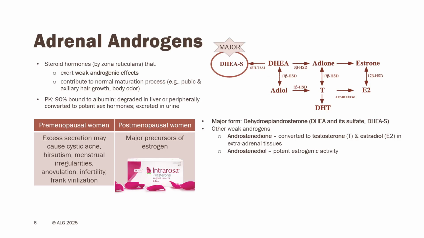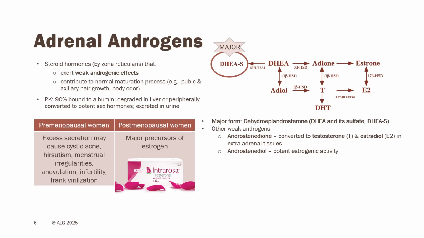In 2016, prasterone, by the brand name Intrarosa, became the first FDA-approved drug containing DHEA, which is available as vaginal inserts for treatment of painful sexual intercourse due to dryness and thinning of vaginal tissue and vulvovaginal atrophy. This is caused by the decline in estrogen production after menopause.